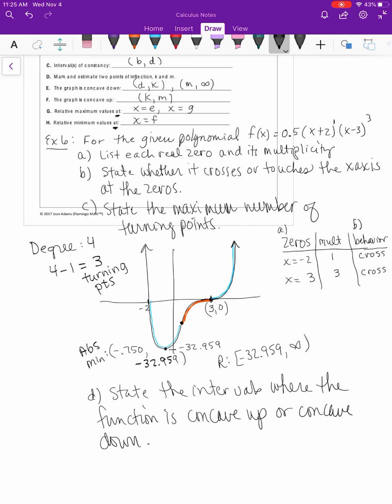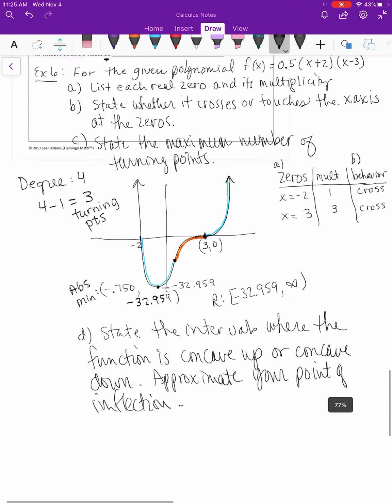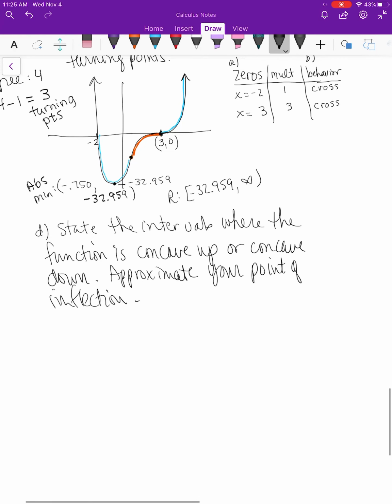So they want us to state those intervals and approximate your point of inflection. And I think it was worded maybe a little bit differently than that. It might have said approximate the point of inflection if you think there is one or something like that. Okay, so we're going to say concave up.